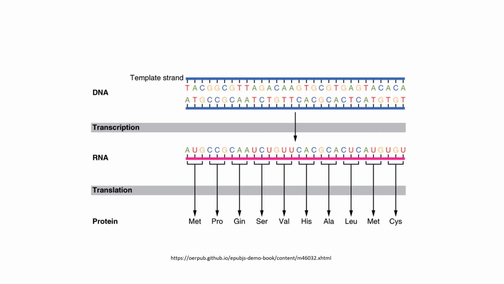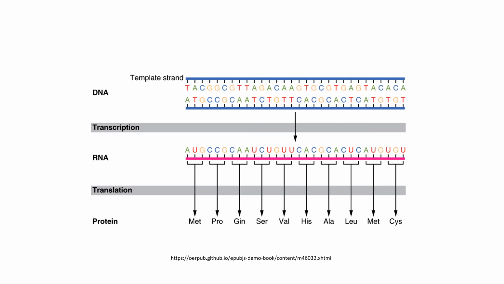instead of ATG. The next three bases in the top DNA strand, GGC, now correspond to their complements CCG, and so forth. Each group of three RNA bases forms what is called a codon, and each codon corresponds to a specific amino acid, which you see on the bottom.